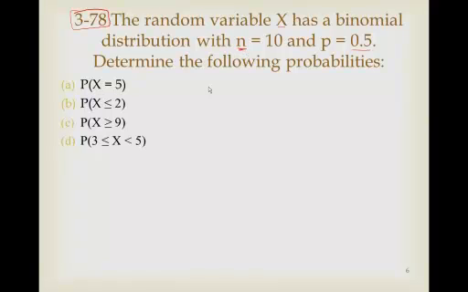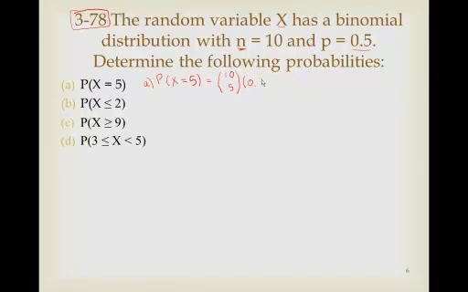We're doing this with n equal to 10. So the probability that x is equal to 5 is just, well, look at this, it's easy. 10, that's the n. Choose 5, that's our x right there. And we'll take p raised to the x value.